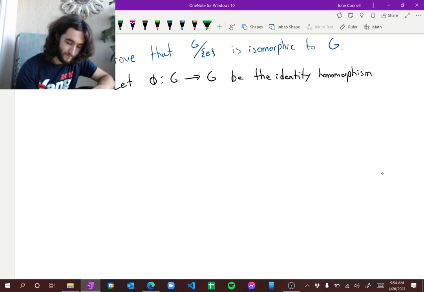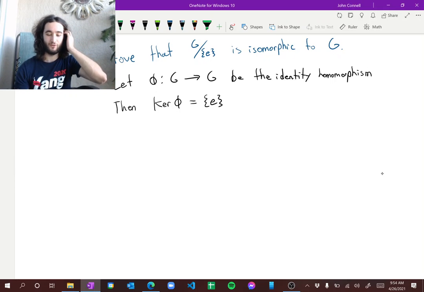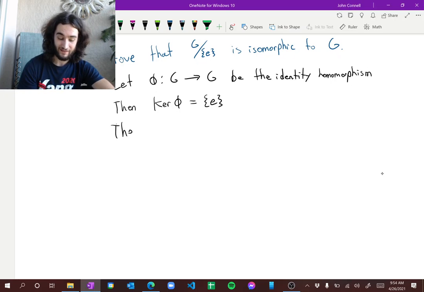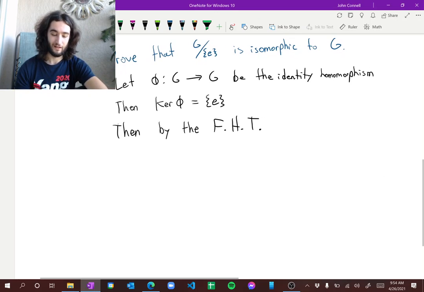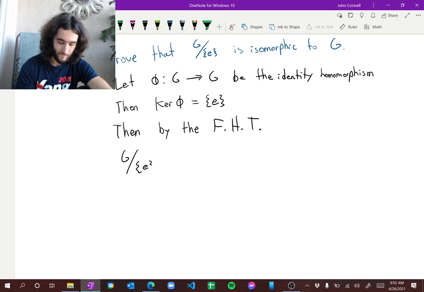So then what's the kernel? Well, of course it's only E, because everybody gets sent to themselves, so the only element that gets sent to E is E. And that's it, because now we're good to go for the fundamental homomorphism theorem. G mod the kernel of phi is isomorphic to the image of phi.